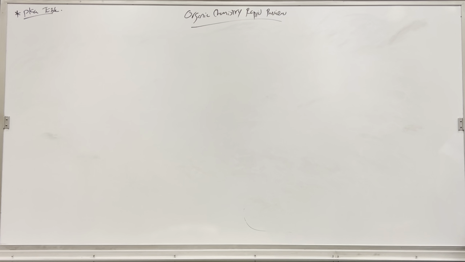Okay, so that was the aldol. The Claisen doesn't really come up as much, but every now and again, it does. And one more thing, the Michael comes up every now and again. So let's talk about the Michael and the Claisen. The Michael is just doing the aldol on an aldol product.